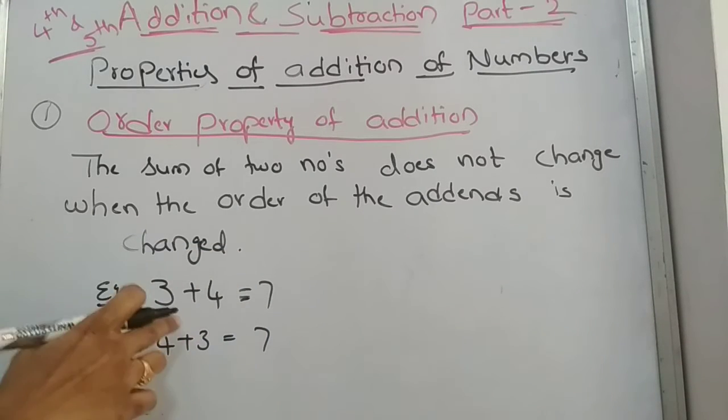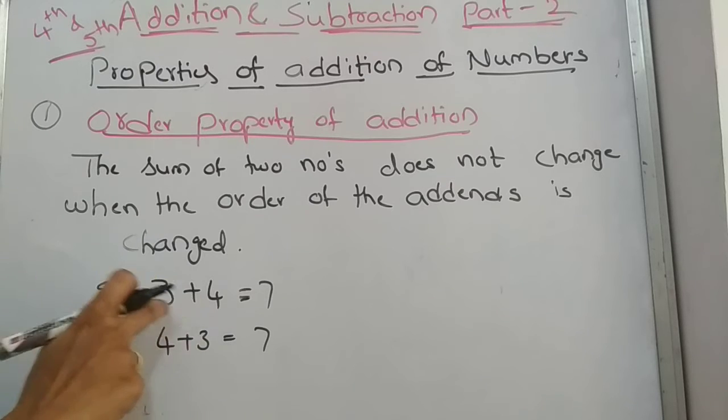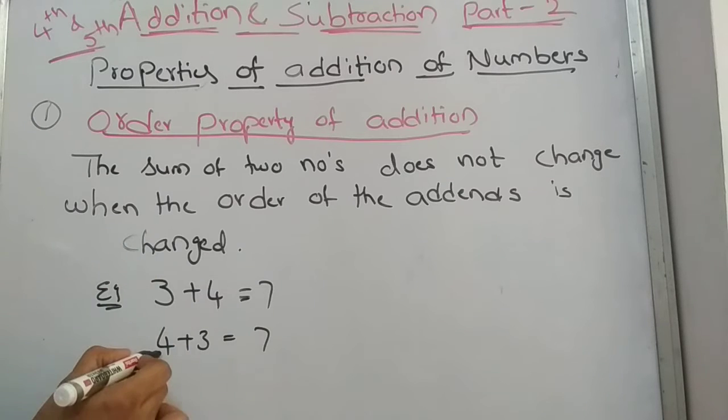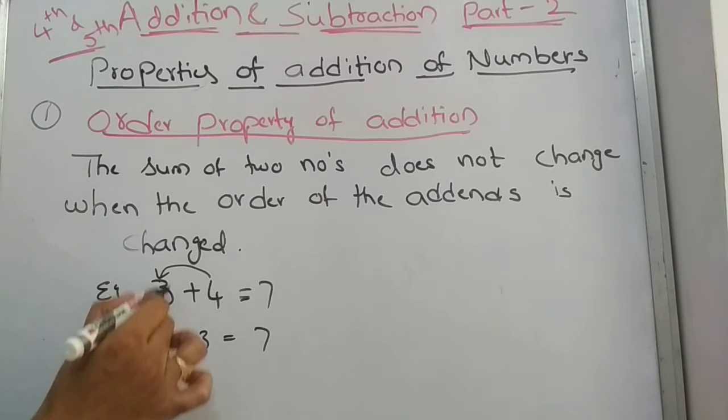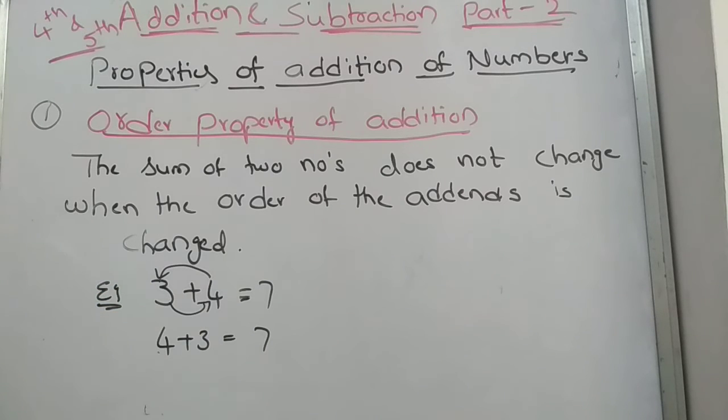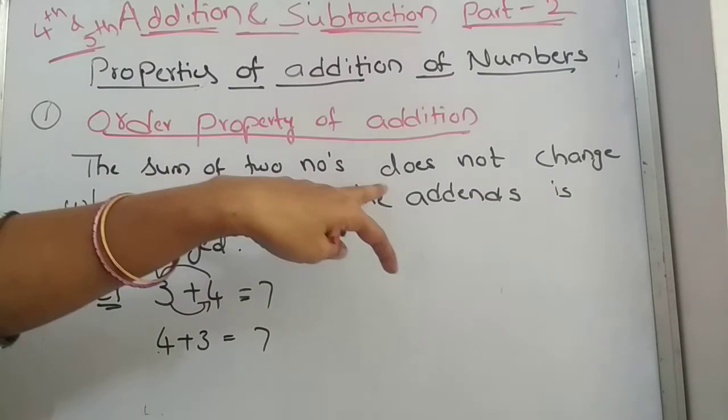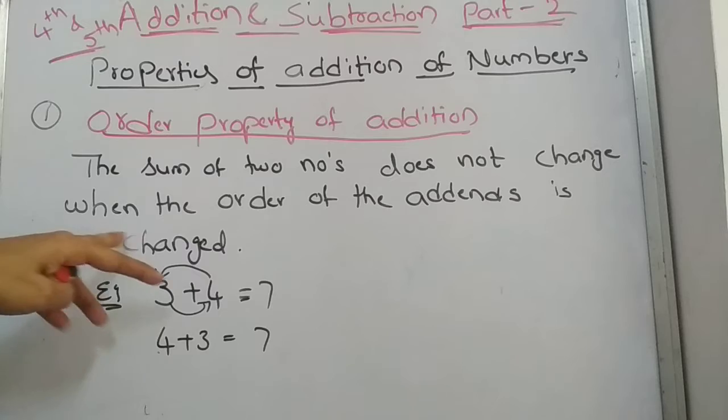Here the first one is 3 plus 4, and in the 3 place it is 4, and in the 4 place it is 3. The places are exchanged like this. So this is the order property of addition.